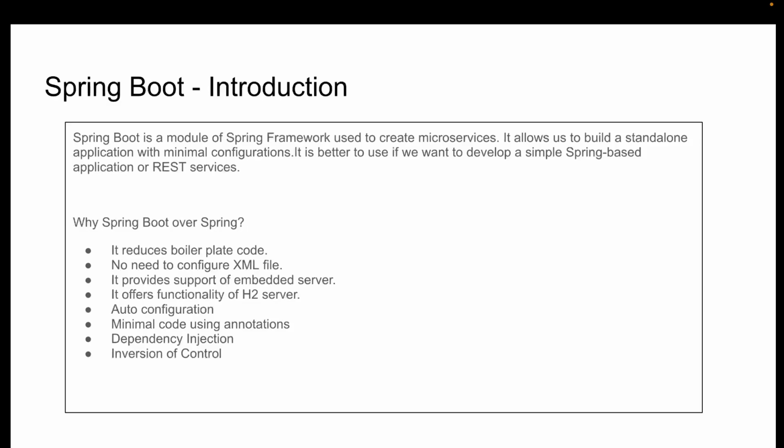Let's say we have a common microservice, a module that holds some common code being used by a lot of different modules. So you can create a common module, and it can be used by a lot of different modules.